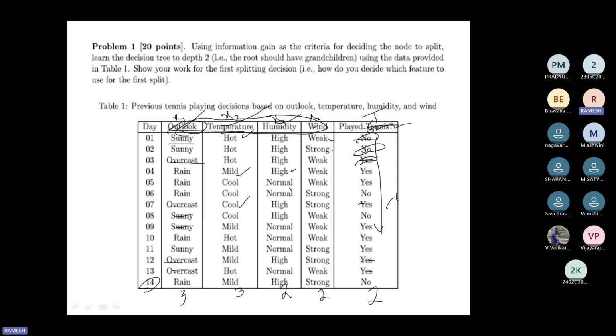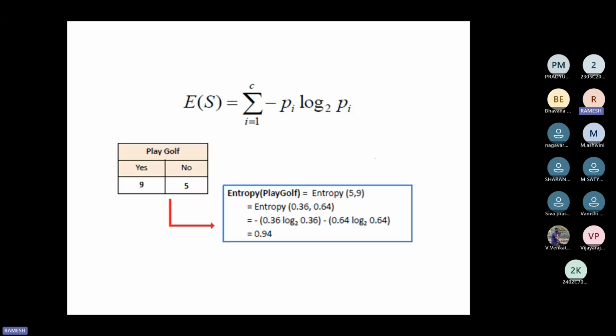Which column has the highest information Gini, either X1 or X2 or X3 or X4? Out of these four, the column with the highest information gain will be selected as the root node in the decision tree.